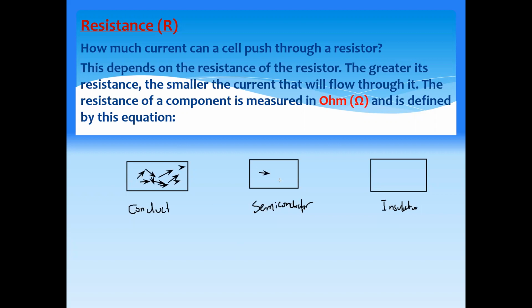The conductor will allow the greater number of charges to flow. If it allows a greater number of charges to flow, we can say it is not resisting the flow. So a conductor will have low resistance. A semiconductor will have high resistance, whereas insulators have infinite resistance, or too high a resistance, which does not allow the charges to flow through it.